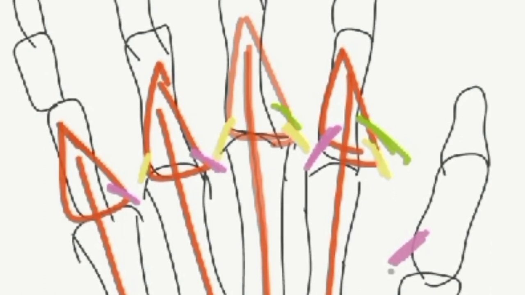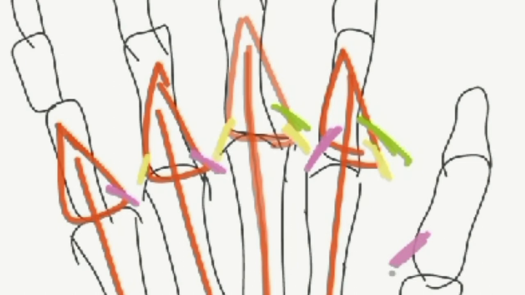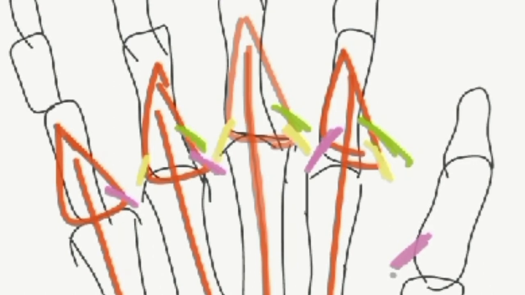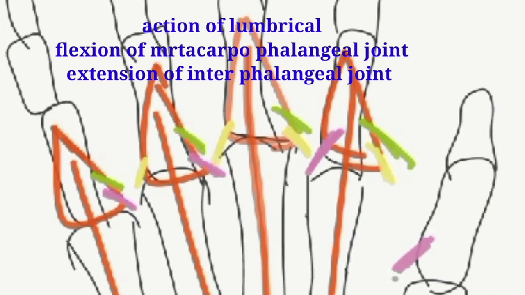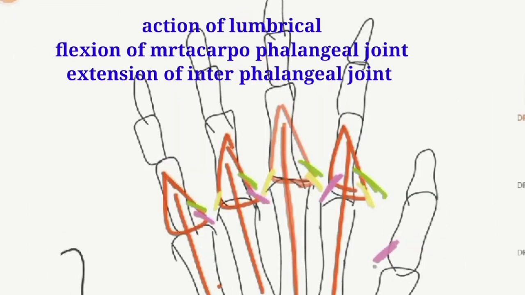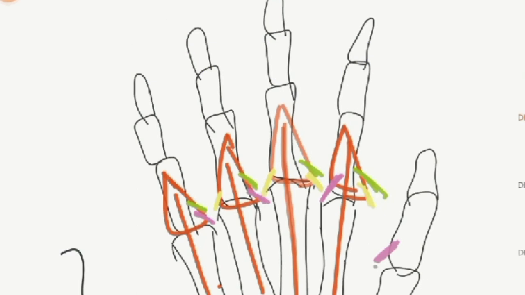Now all the lumbricals pass laterally, so they are inserted directly on the radial side of the dorsal digital expansion.